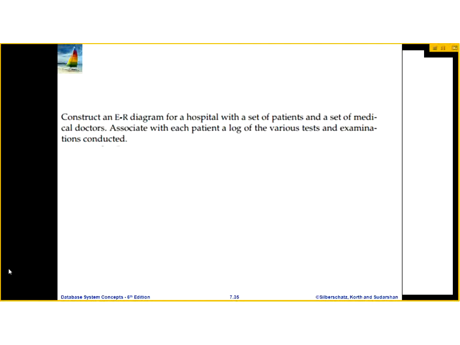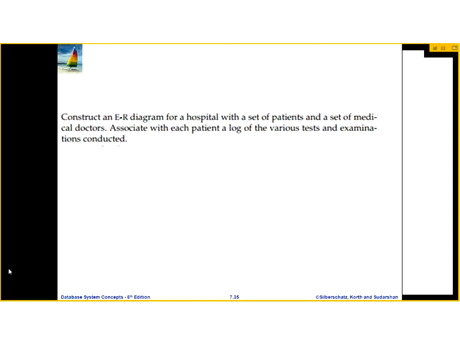Associated with each patient is a log of the various tests and examinations conducted. First of all, I want you to identify the entities in this system. Then I want you to note down some of the attributes of this system. Think about what can be the primary key, what can be the foreign key, what can be the other attributes, and what can be the possible values.